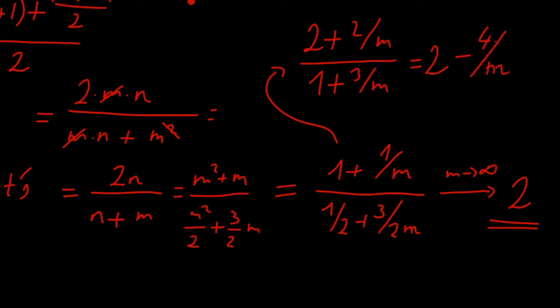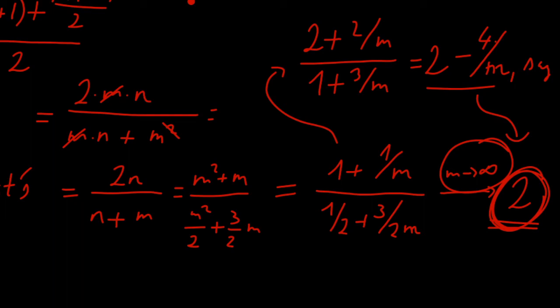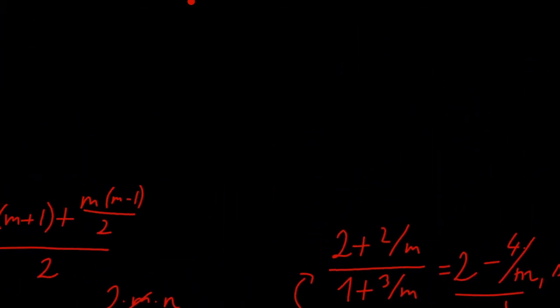So for a fixed m, there is no algorithm having a better competitive ratio than 2 minus 4 over m, and this can be improved by choosing a different m. But if you move m towards infinity, the same expression converges to 2 from below, which means there is no online algorithm with a better competitive ratio than 2.